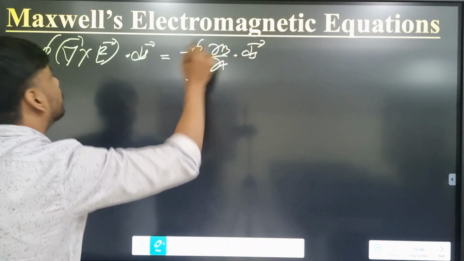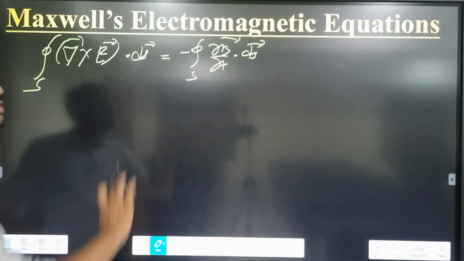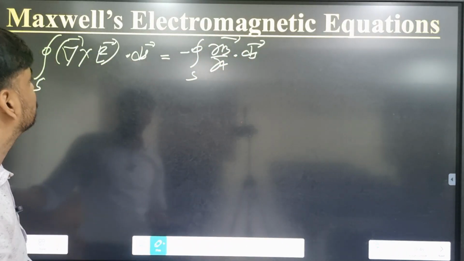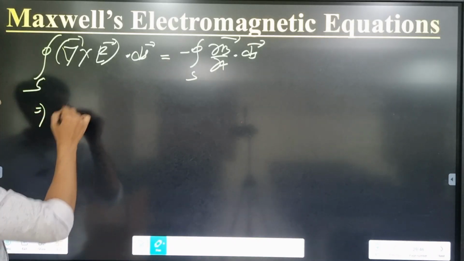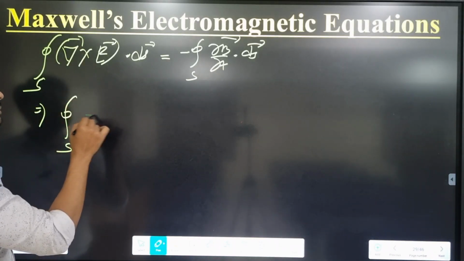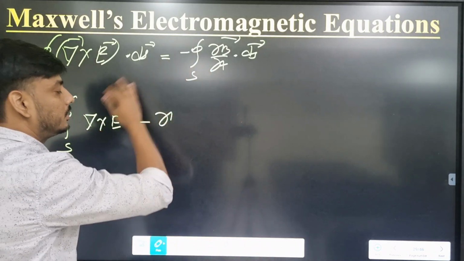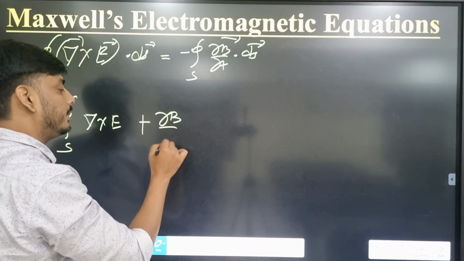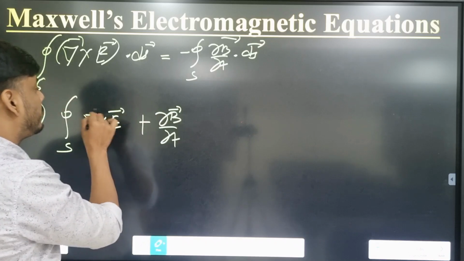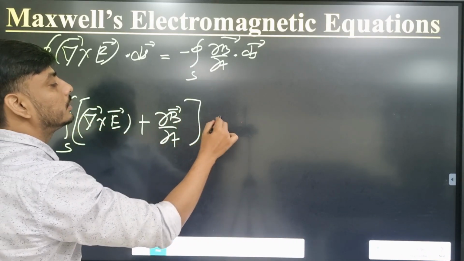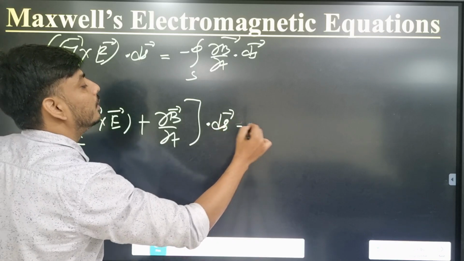Now, since both sides are surface integrals, we can take both to one side and rearrange. Once we rearrange, it will be del cross E plus del B by del t, dot dS, equal to 0.